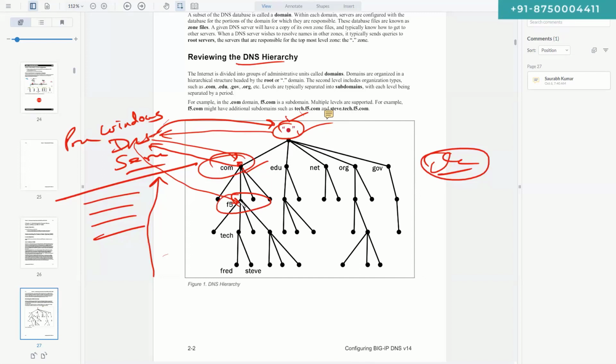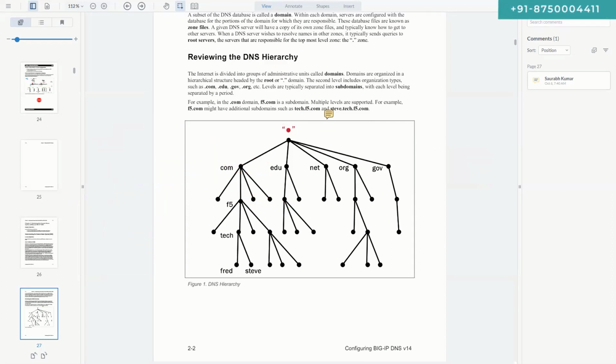The information will be stored at the TLD level. When you go to the top level domain asking, we have a requirement, let's say we need an IP address of f5.com or cisco.com or whatever. This is how the DNS hierarchy works at the global level.